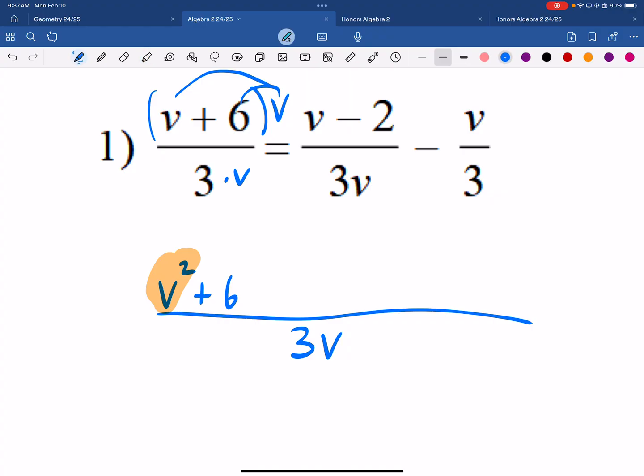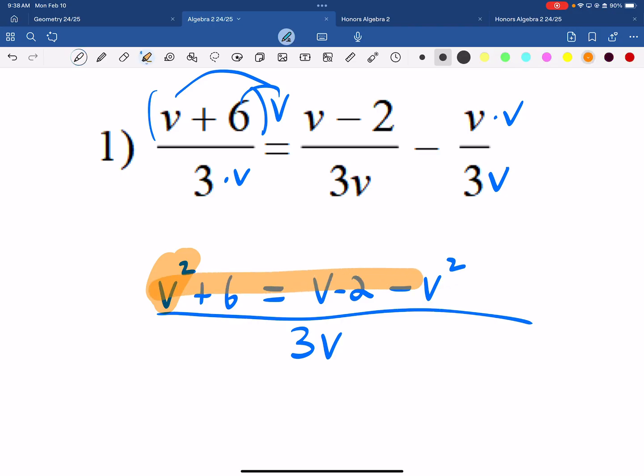Okay, now we've got an equal sign, so we're going to put the equal sign. Look at our second one. We've got 3v already, so we can just put v minus 2. Minus, because there's a minus sign up there. 3, we've got it multiplied by v. That means we need to multiply the numerator by v. That gives us v squared.